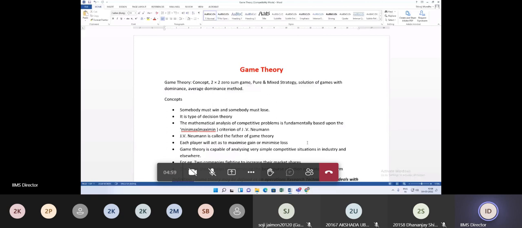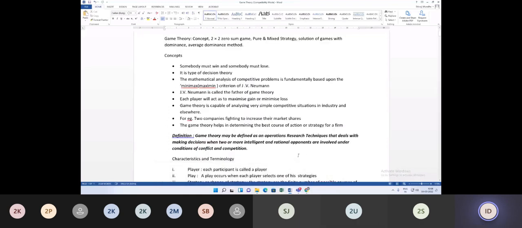We'll see with the help of an example. That is why J.V. Neumann is called the father of game theory. Each player will act to maximize the gain or minimize the loss. There are two opportunities: the player plays a game either to maximize the profit, or otherwise to reduce the loss.